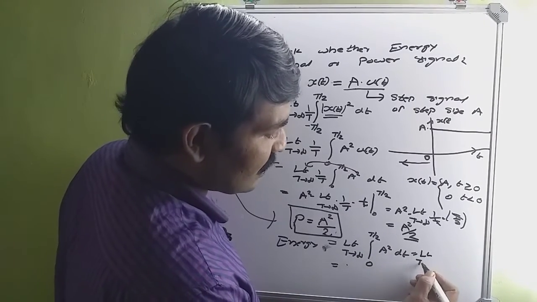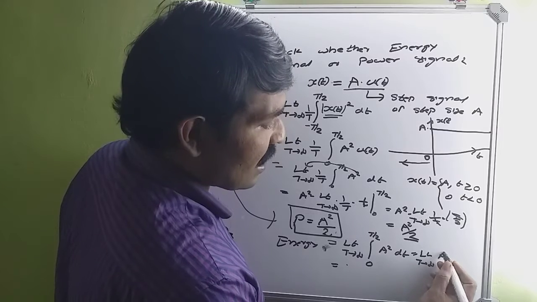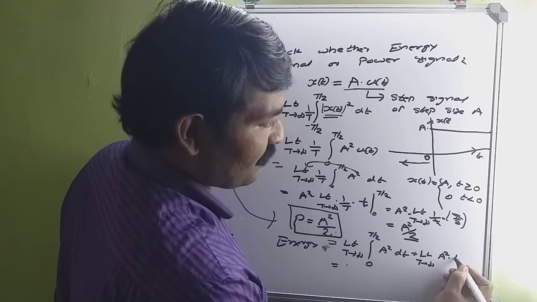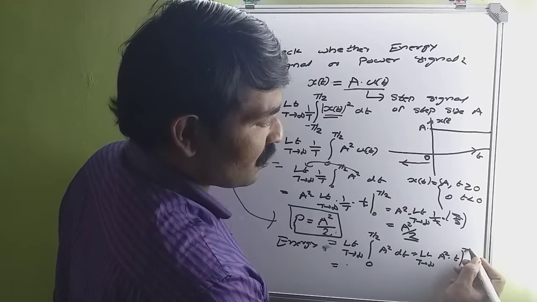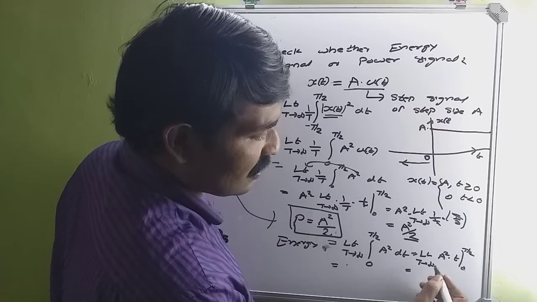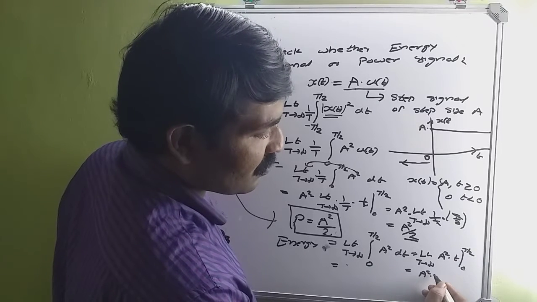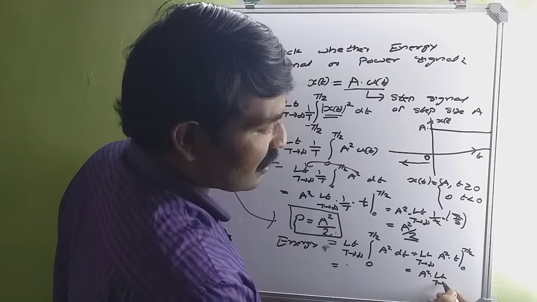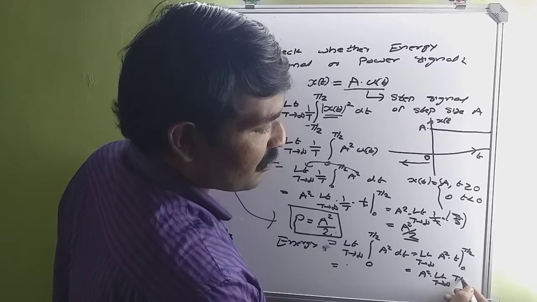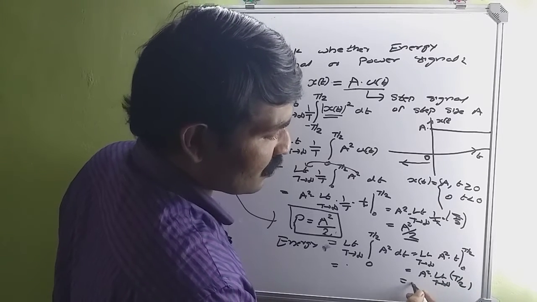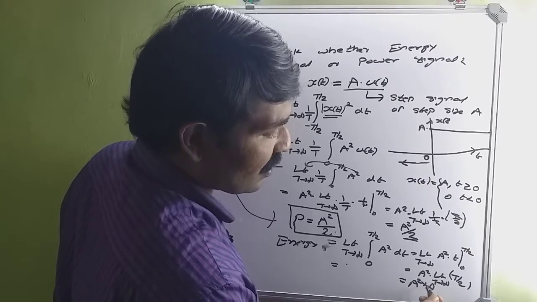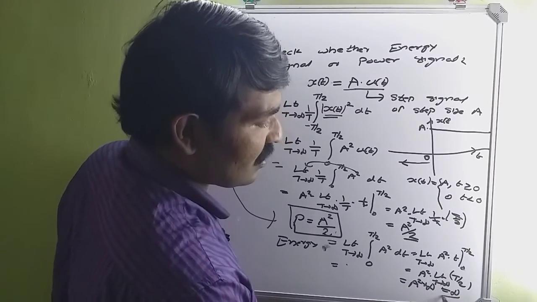Limit t tends to infinity A square into t. Apply the limit 0 to t by 2. So this is equal to A square into limit t tends to infinity t by 2, which is equal to A square into infinity, that implies infinity.